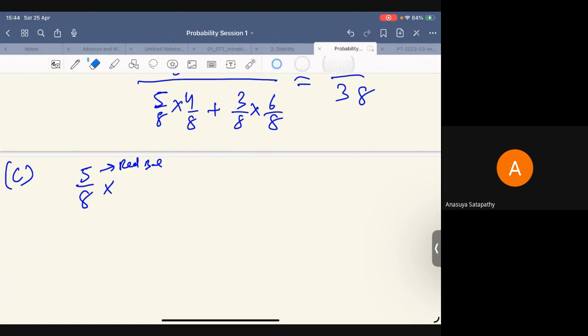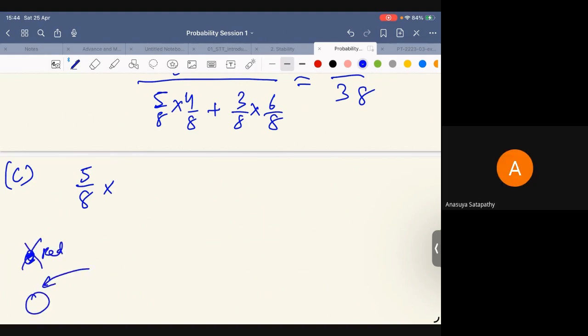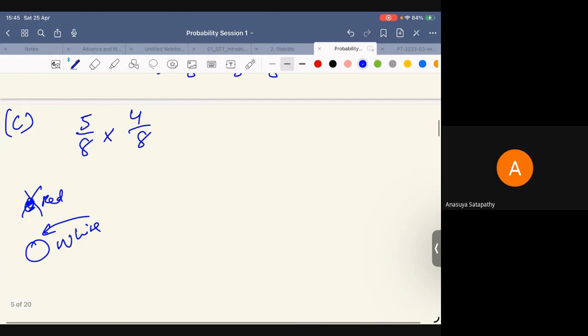What is the second? I will get the red ball. I got a red ball, so 4 by 8. The red ball will be discarded, and a white ball added. So it will be 4 by 8.